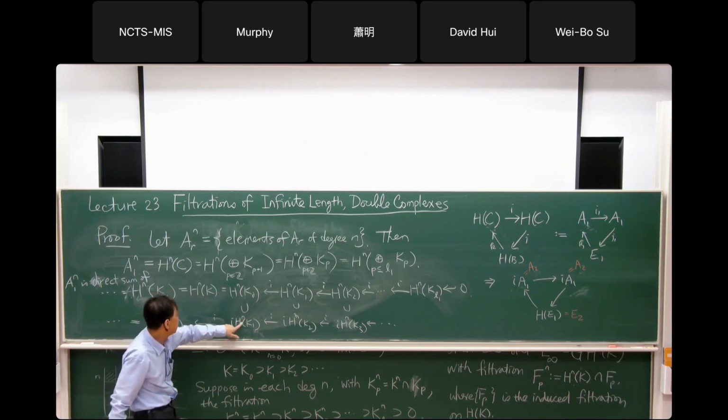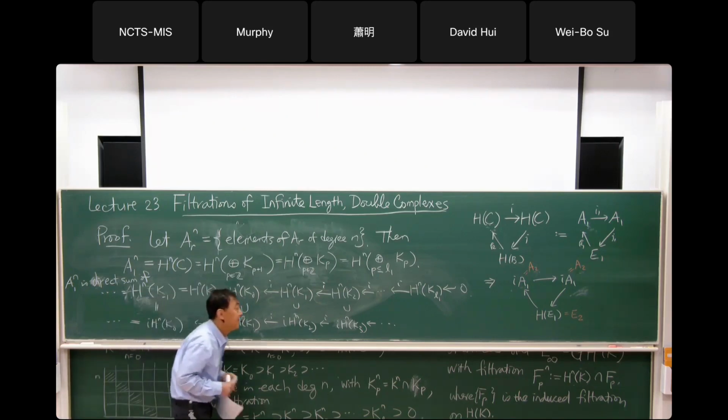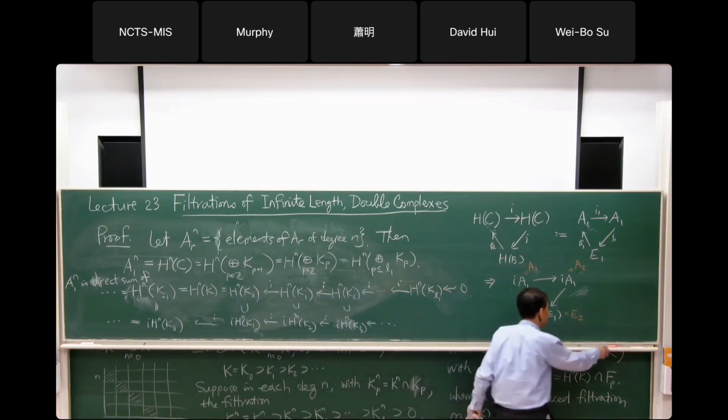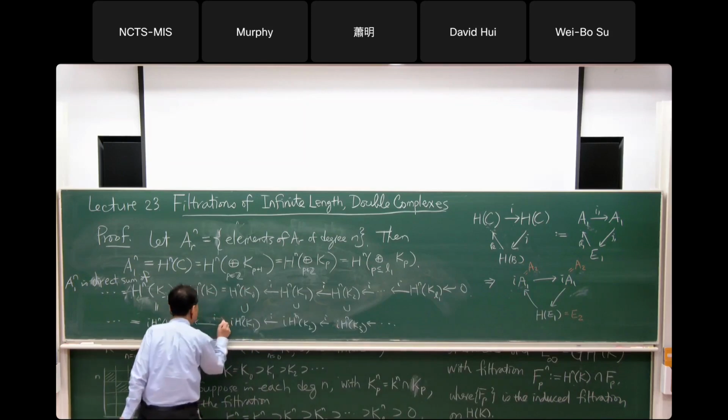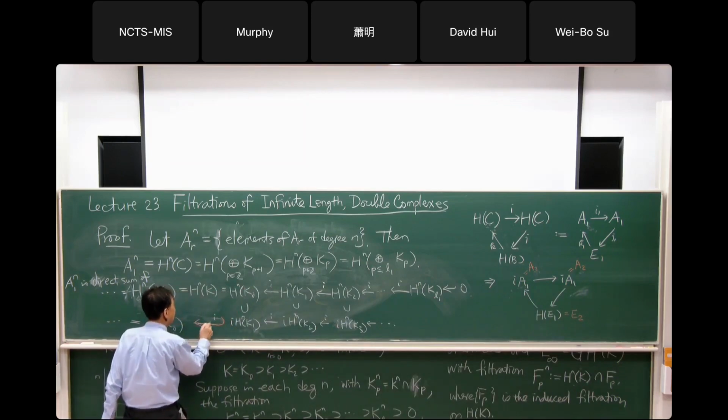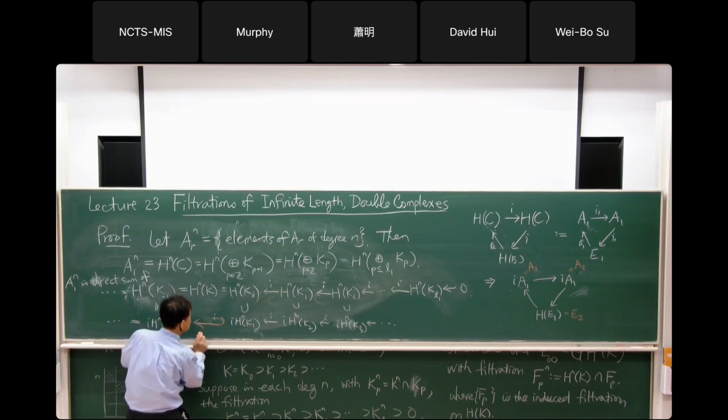So this map is actually an inclusion, because going this way is an inclusion. So you see that the first map becomes an inclusion.